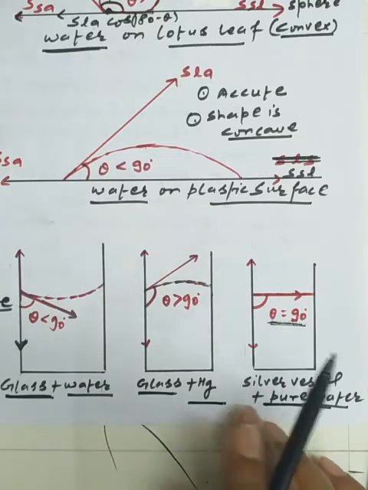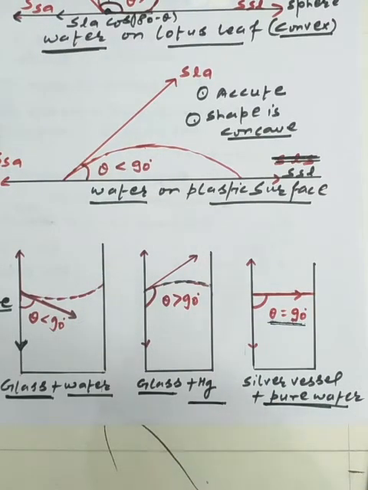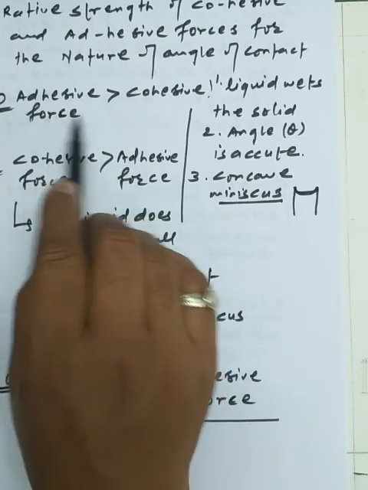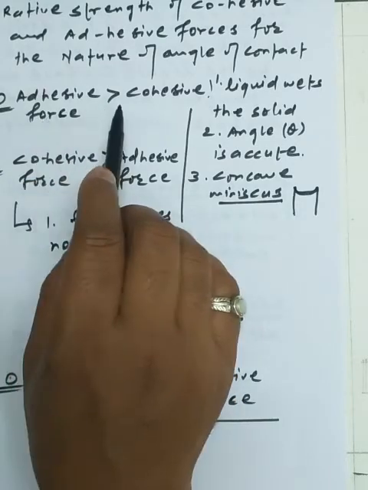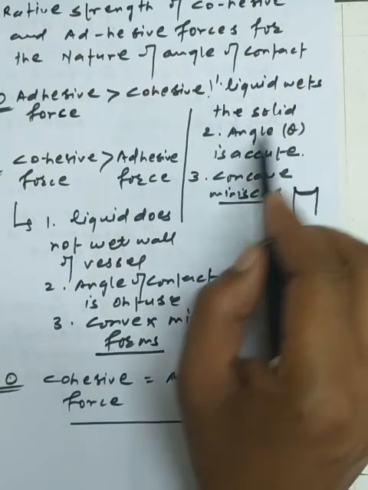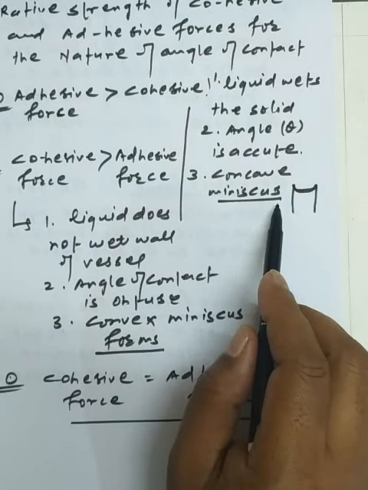Okay, so this is the existence of the shape on behalf of the strength of the adhesive and the cohesive forces. So here I have added some things regarding the magnitude of the adhesive forces being greater compared to the cohesive forces: the liquid wets the solid, the angle of contact is acute, and the meniscus is concave.